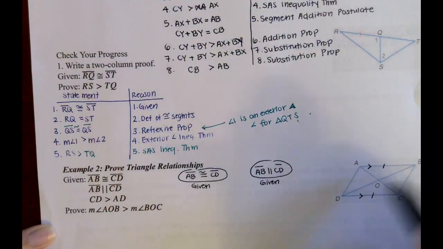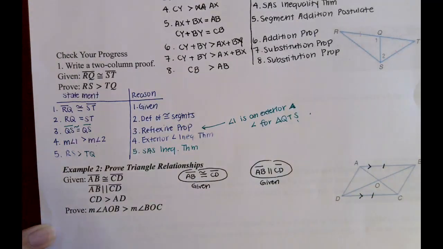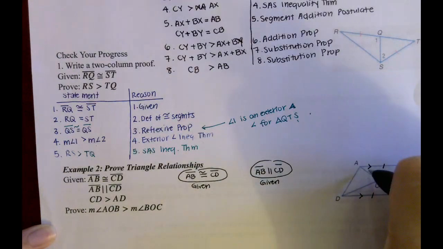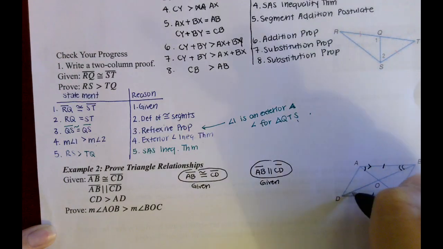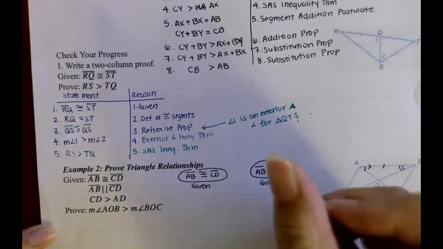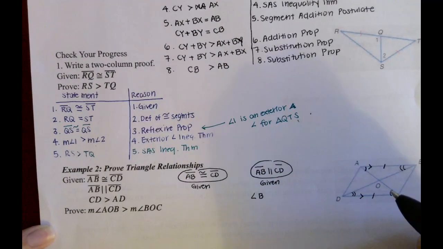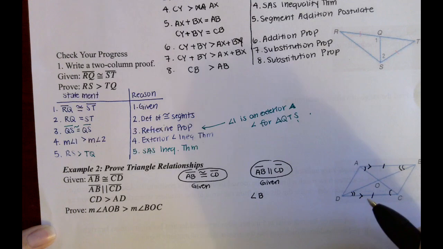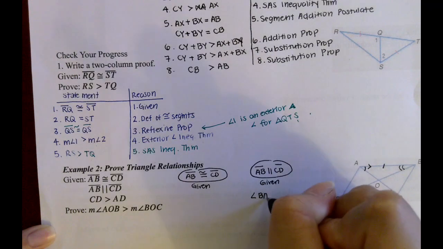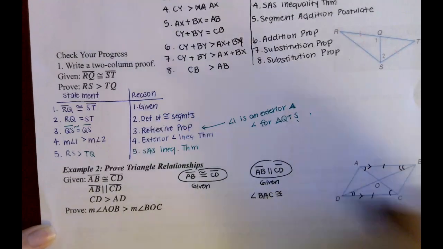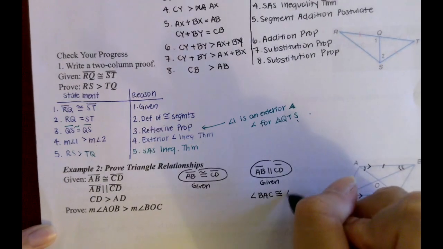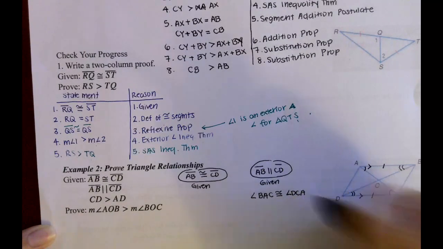And then because they're parallel, what we know is that this angle and this angle are going to be congruent, and then this angle and this angle is going to be congruent. And so from there, now I'm going to state that angle BAC is congruent to angle DCA, okay?